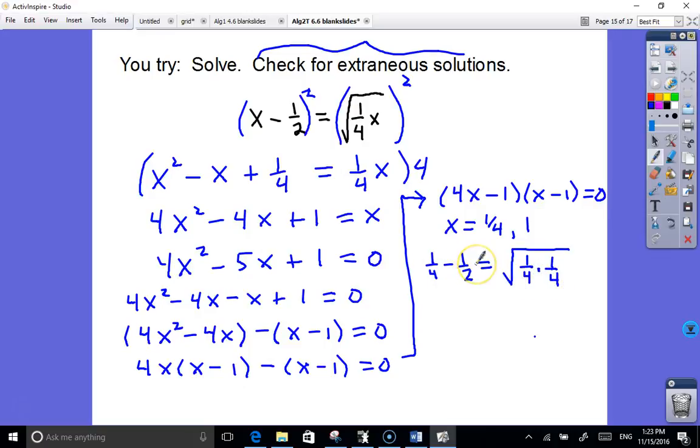Well, what's 1/4 minus 1/2? Negative 1/4. So it doesn't much matter what comes out of the right-hand side. It's a radical. It's a square root. It's supposed to be positive. So this is actually 1/4. So that's not true. So that's the extraneous solution right here.